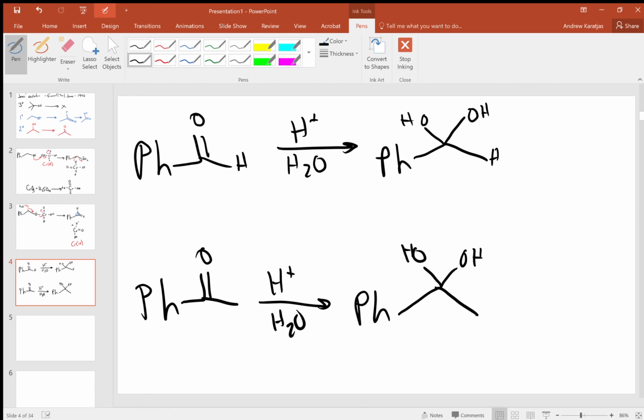Now, if you look at the hydrate that was formed from the aldehyde, you notice there's still a hydrogen there. Because overall, the formation of the hydrate is actually a pretty terrible reaction. It's a completely reversible process, and it very, very strongly, in almost every case, favors the starting material. Unless you can do something with the hydrate.